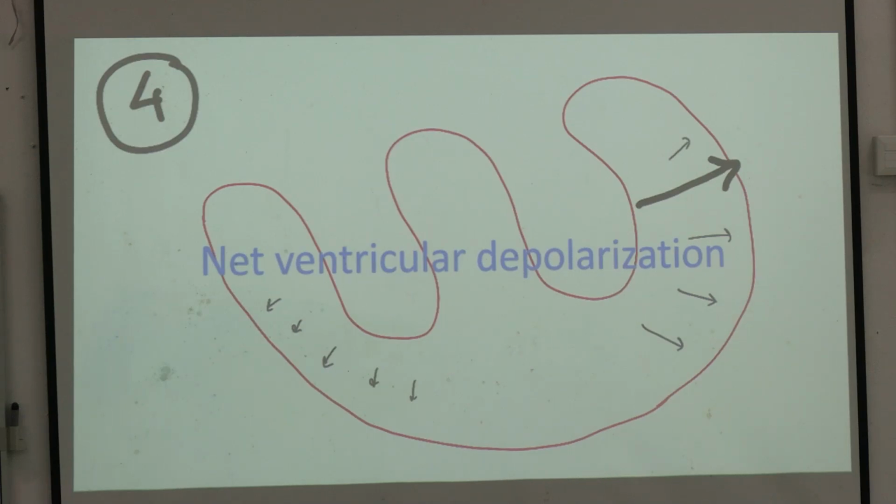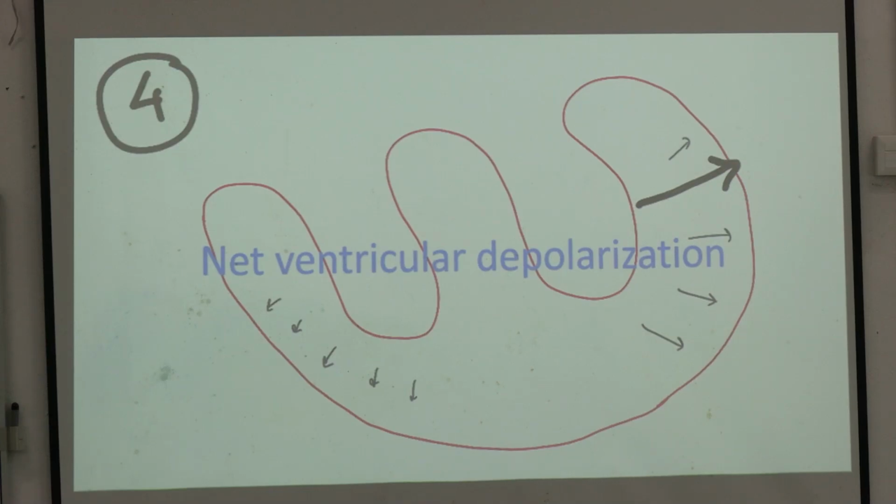Yes, very nice. So the thing is, the more the muscle mass, the more depolarization you need. Your left ventricle is thicker with higher muscle mass than your right ventricle, right? So these vectors are strong enough.